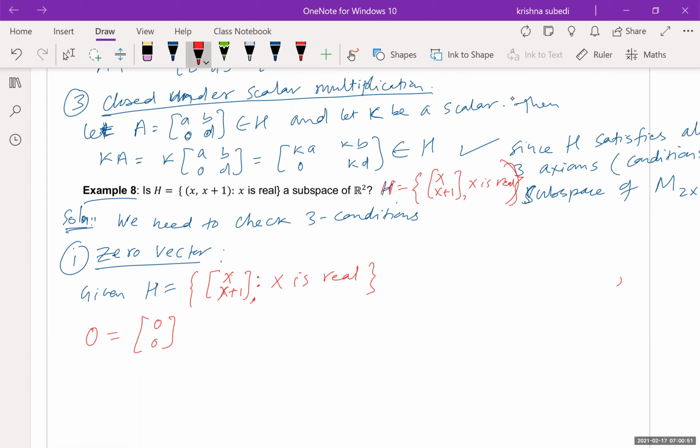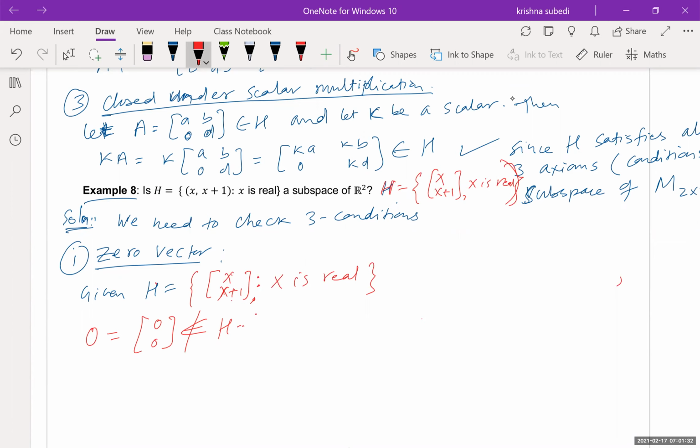Therefore, this is not in H. If I choose x equal to 0, then you'll not get (0, 0). If I choose x equal to minus 1, you get the second component 0, but the first component will not be 0, so you cannot get this. So this cannot be in H.